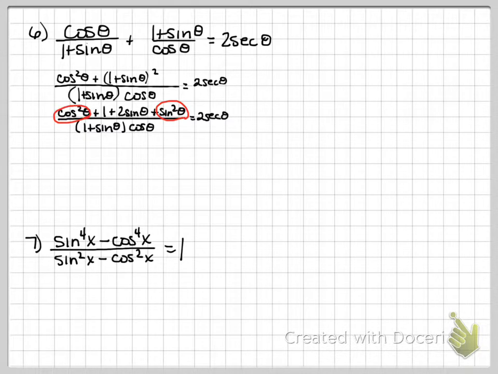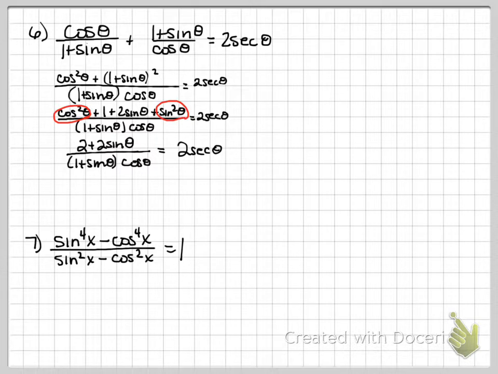I know those are equal to 1. Plus the other one I have up there gives me now 2 plus 2 sine theta over my denominator, and that's going to equal 2 secant theta.